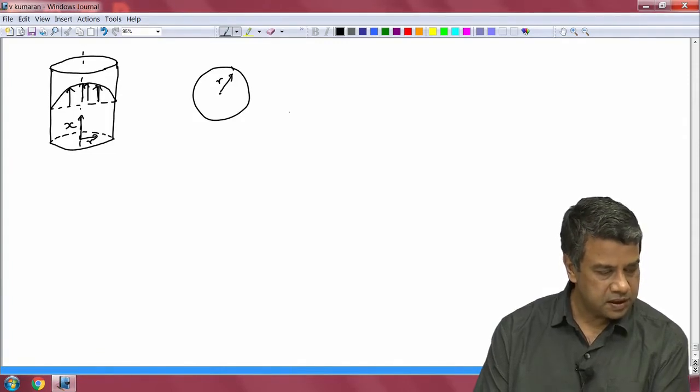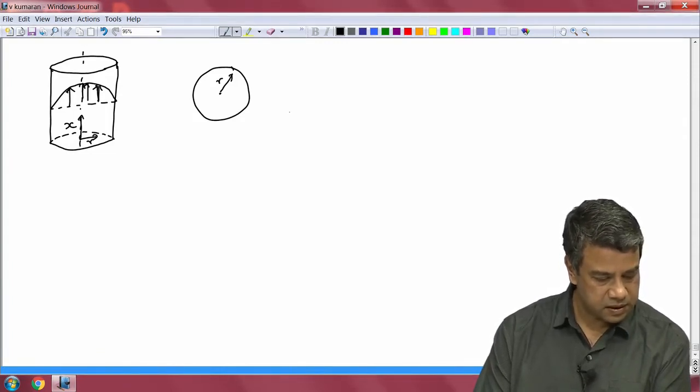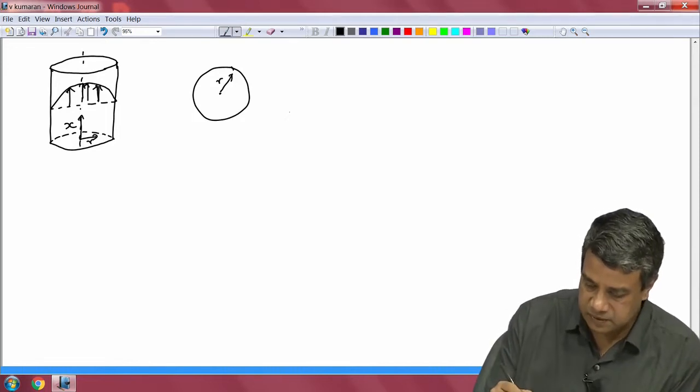In that case, the balance equation is of the same form that we got earlier.